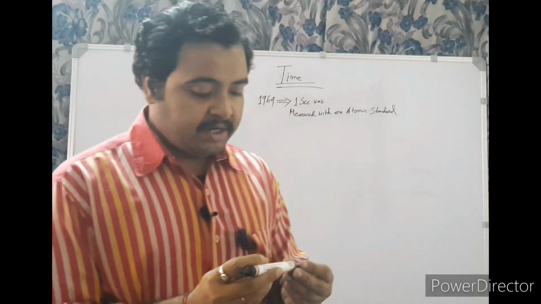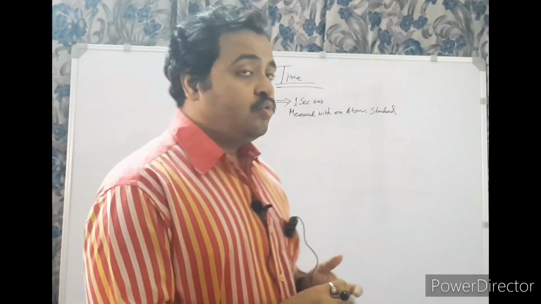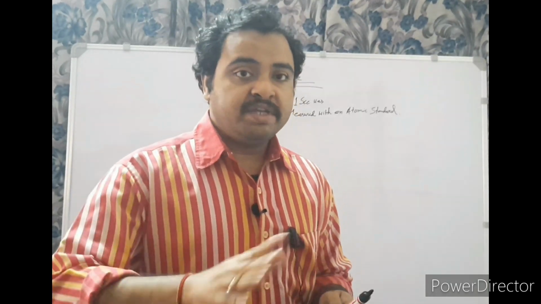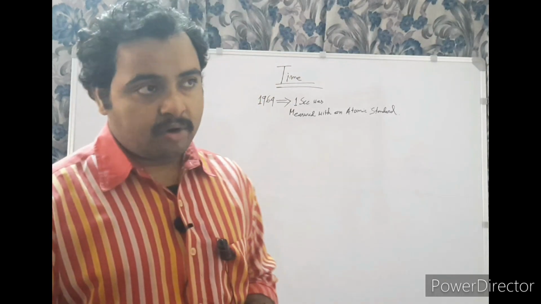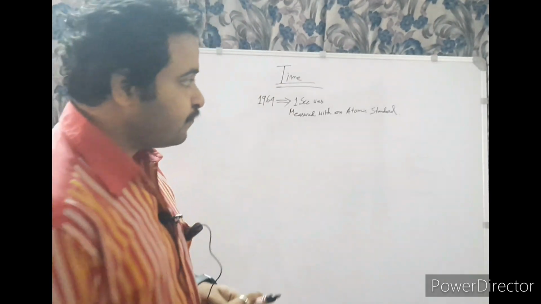What is measuring time with respect to an atomic standard clock? We use an atomic clock. Okay, we use cesium 133 in that atomic clock. So what does that atomic clock do?